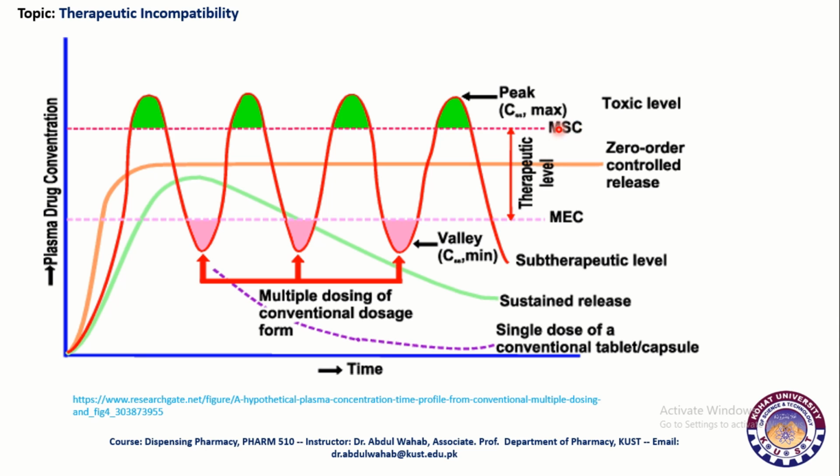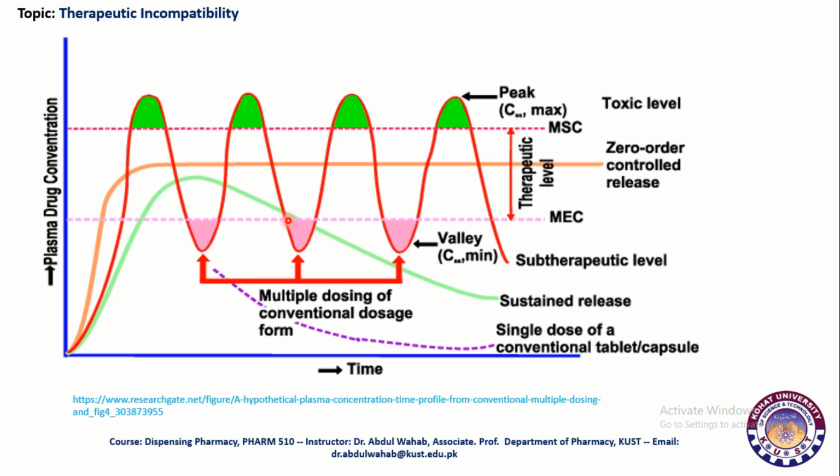Above the maximum safe concentration, if the drug reaches the plasma above this level, there will be toxicity or side effects. So these are the different areas, and on the basis of this we can easily interpret dosage error.